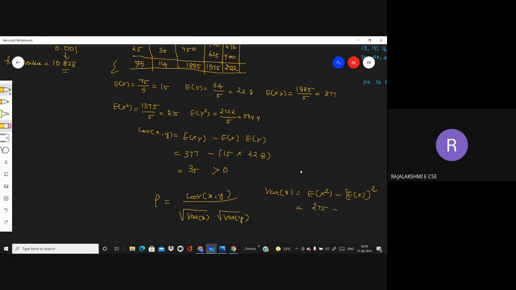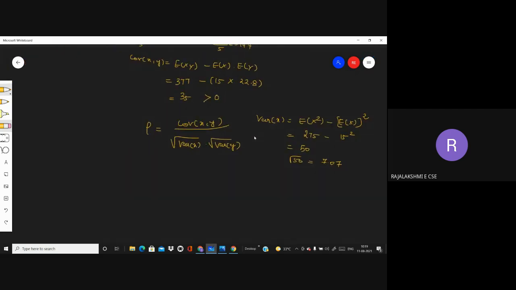275 minus e of x, what is it? 15 square. What is the value you are getting? 50? Okay, then put root of 50, what will come? Root of 50 is 7.07. Similarly, you calculate what is the variance of y.